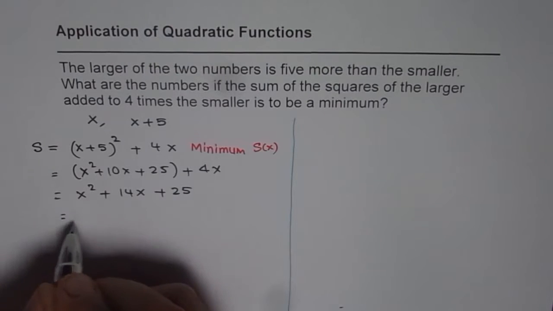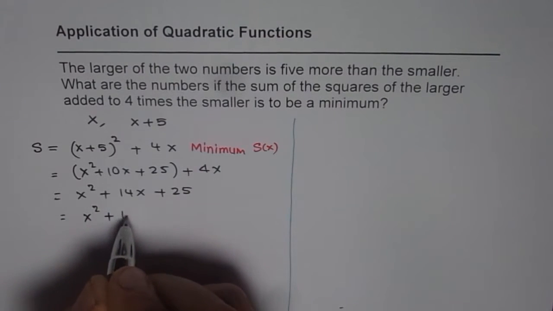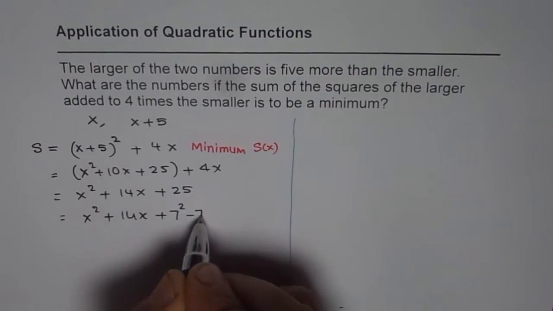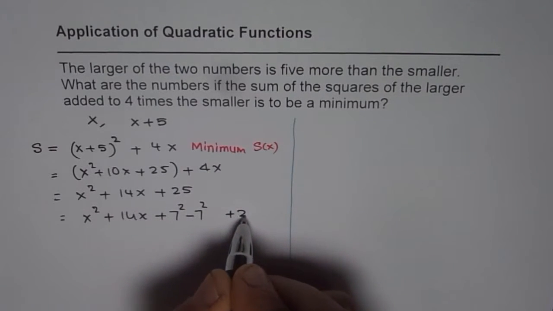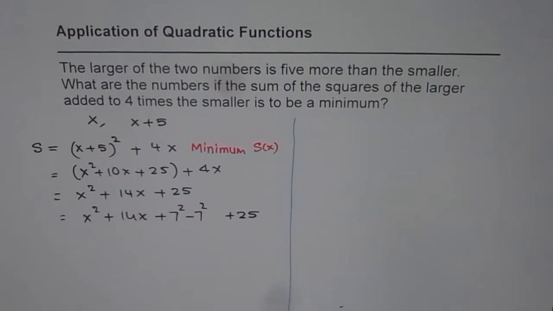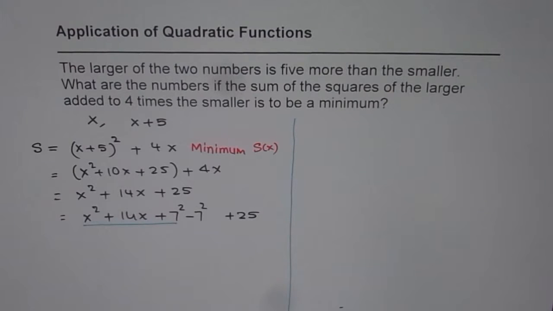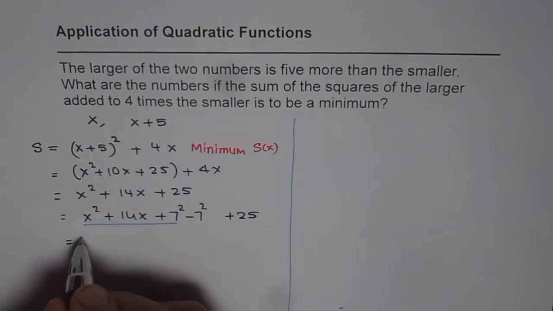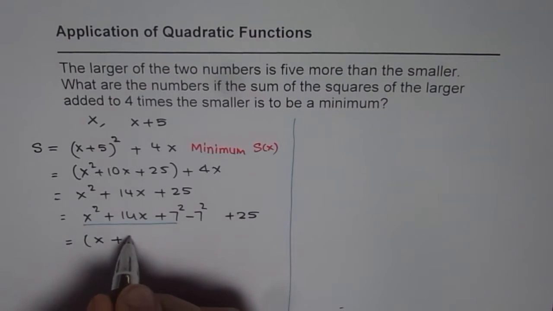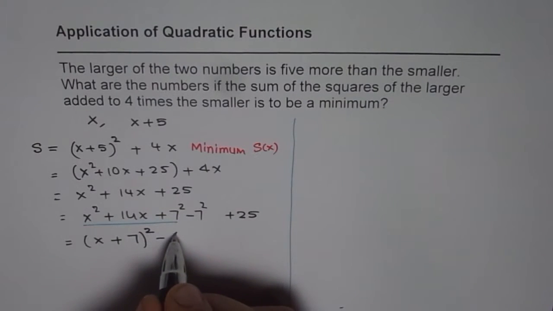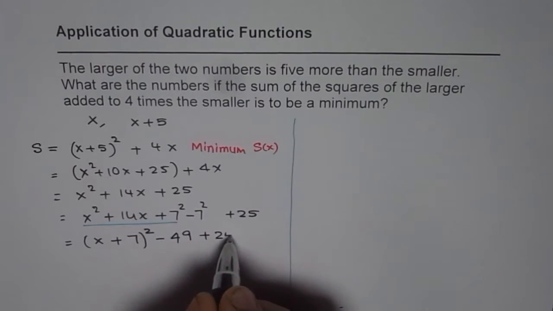So we get x squared plus 14x plus 7 squared minus 7 squared plus 25. The first three terms form a perfect square, equal to (x plus 7) whole squared. And then we have minus 49, 7 squared is 49, plus 25.